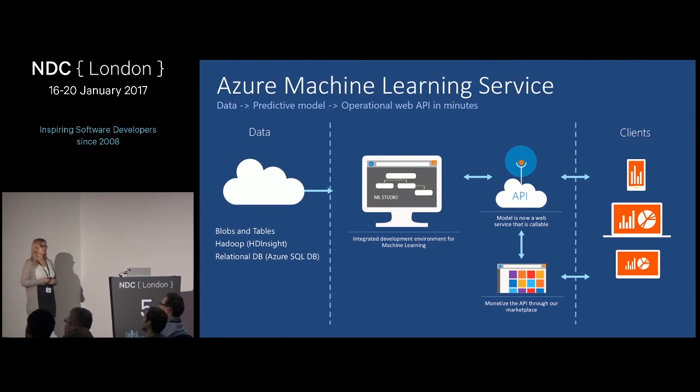So what is Azure Machine Learning Service? First of all, it's a drag and drop tool. So you have all those components. It will kind of resemble the machine learning workflow I just showed you. And second of all, once you have your model, once you train it, you just push a button and it publishes an API.